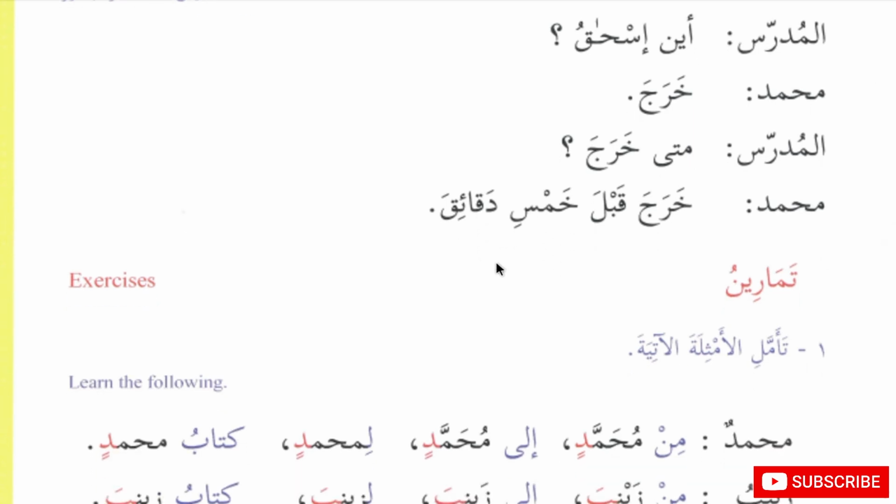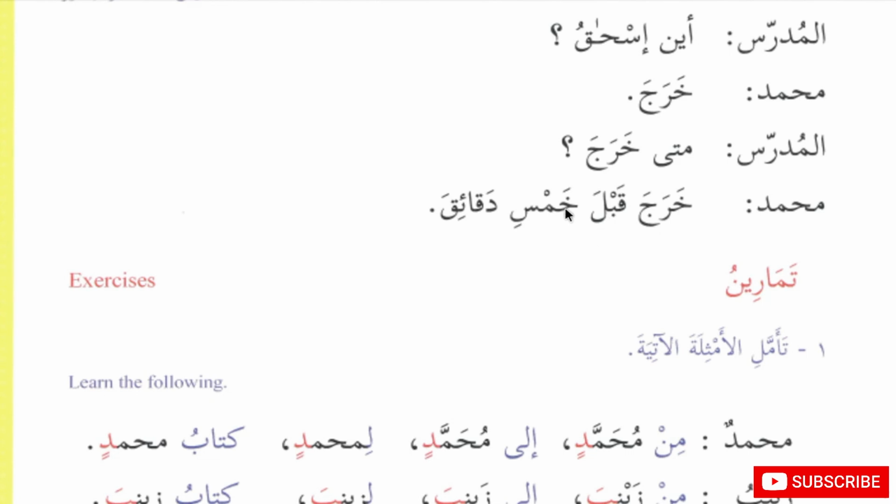The word دقائق, the singular is دقيقة. دقيقة is feminine, so for the numbers 3 to 10, we make it the opposite. So we use the masculine version, the mudhakkar, of khamsa. So we say khams in the daqaiq. Now the word qabla came here. Qabla makes the noun after it in the majrur state.